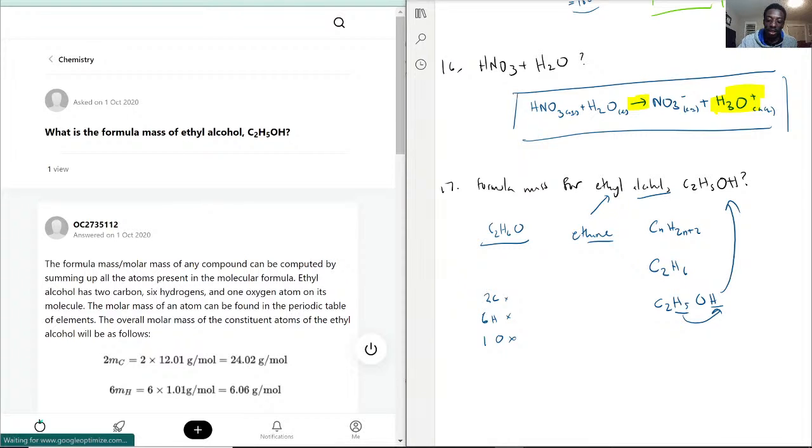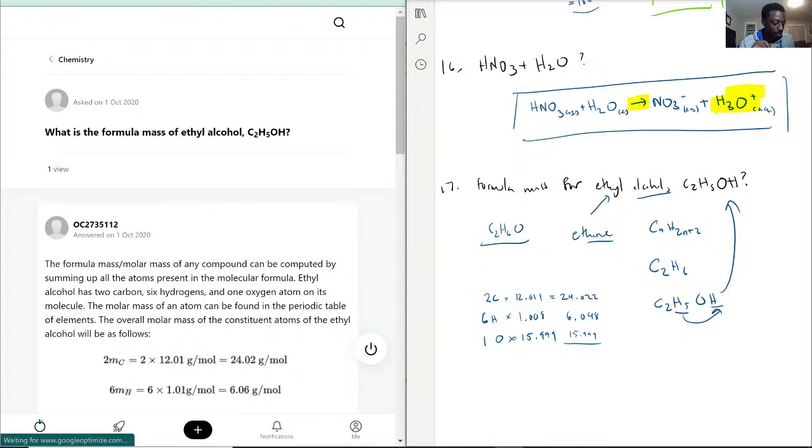So with that being said, carbon is 12.011, hydrogen is 1.008, and oxygen is 15.999. So 2 times 12.011 is 24.022. 6 times 1.008 is 6.048. And then oxygen is 15.999 still.